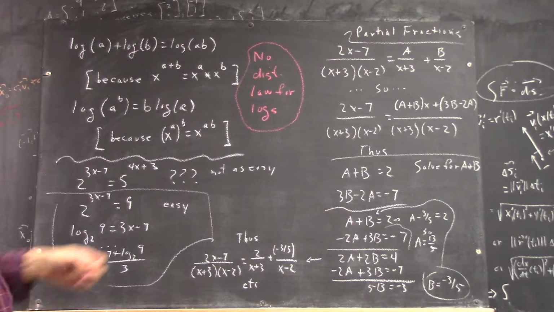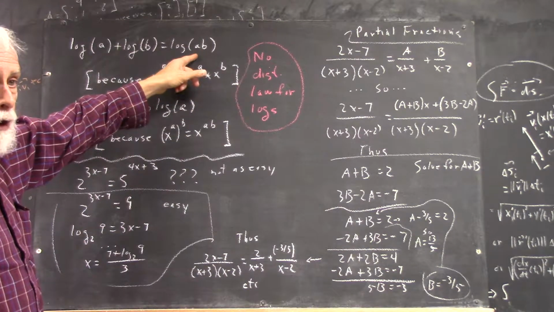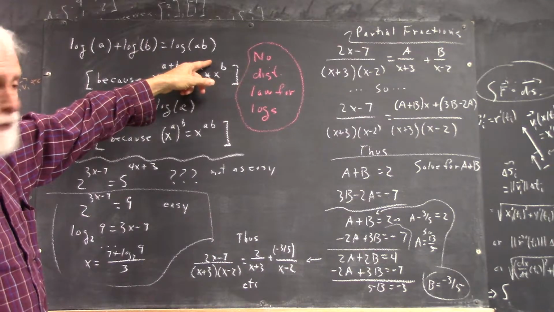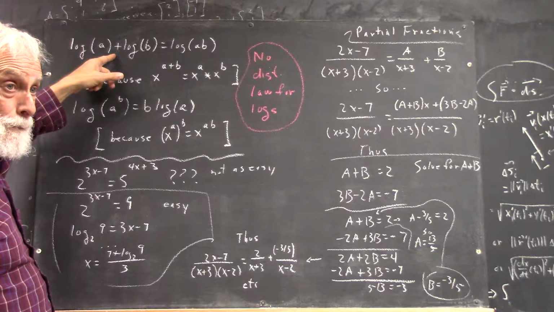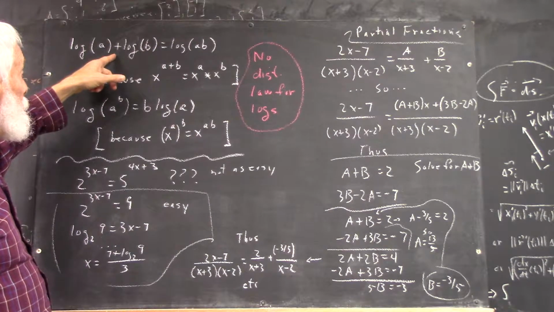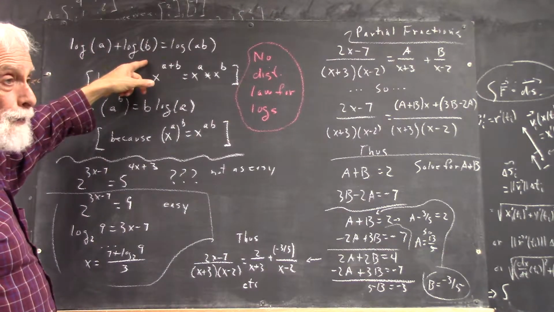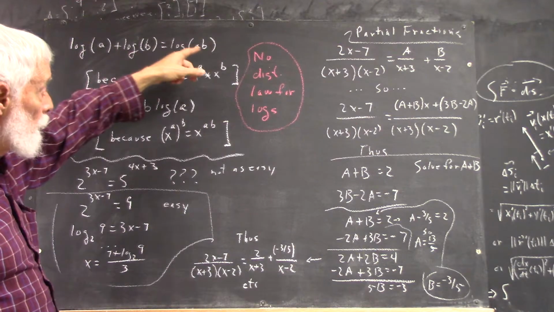The log of AB is not the log of A times the log of B. It's the log of A plus the log of B. And the log of A plus the log of B is not the log of A plus B, it's the log of A times B.